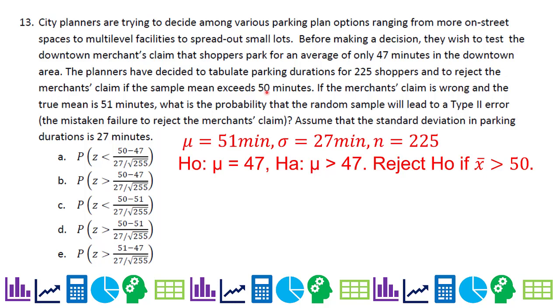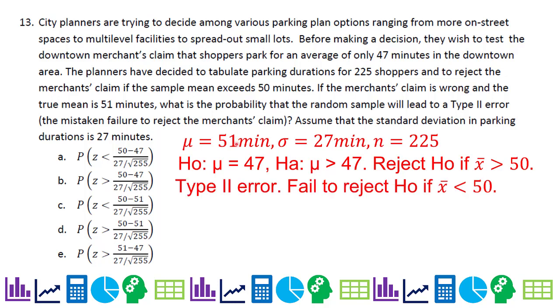But so that would be the correct decision since we know the true value is 51. Type 2 error occurs when we fail to reject H naught because we don't change our mind that it is greater than 47. So we've got to figure out the probability that we're going to get 50 or less on our sample average to figure out the probability of a type 2 error.